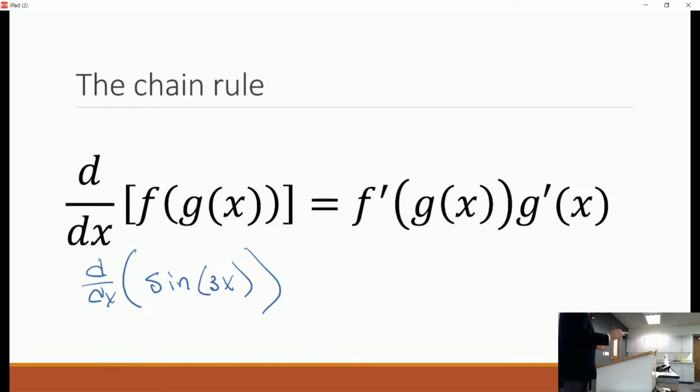Here's the general hint: f will always be the outside function. So you have something on the outside, and in this case it's the sine. So over here I might write f is equal to sine. And then g is always the thing inside, the inside function. So g is 3x.